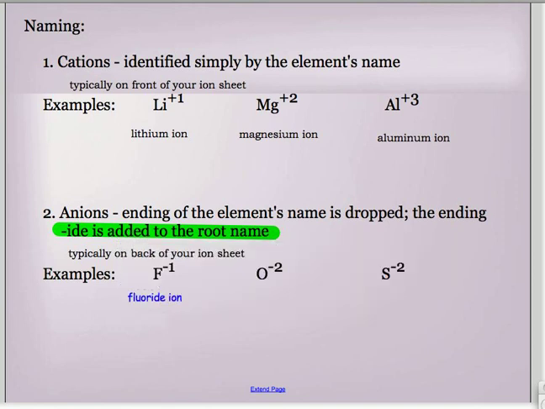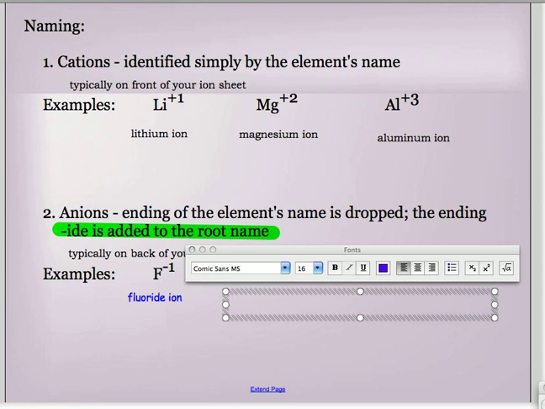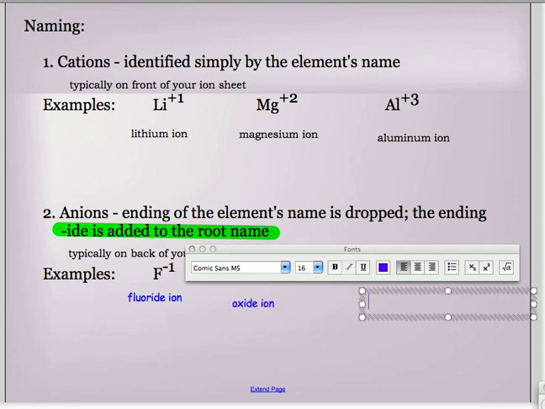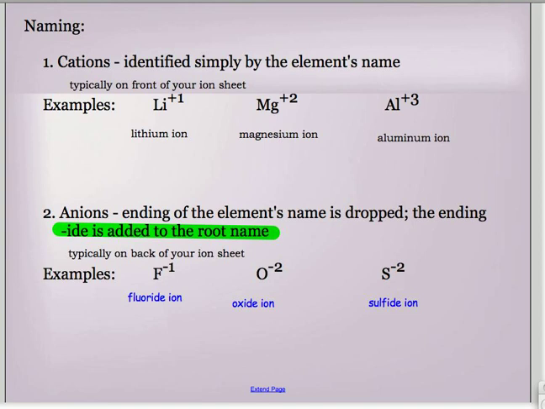And again, instead of oxygen, you find oxide. And instead of sulfur, you find sulfide. So it's like the first clue to kind of tell you that, hey, these are different. And it's the first way that they try and give you a hint. Again, if you don't know the hint, then it gets a little harder. But you want to make sure you're paying attention so you can do that.